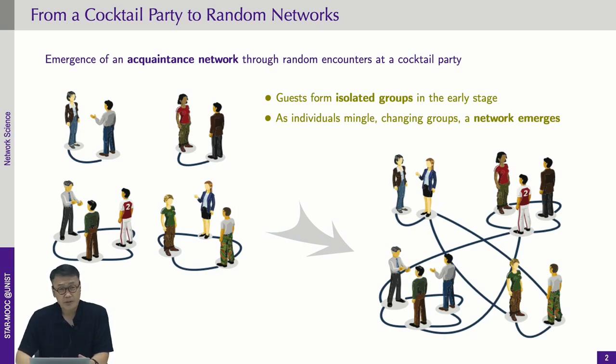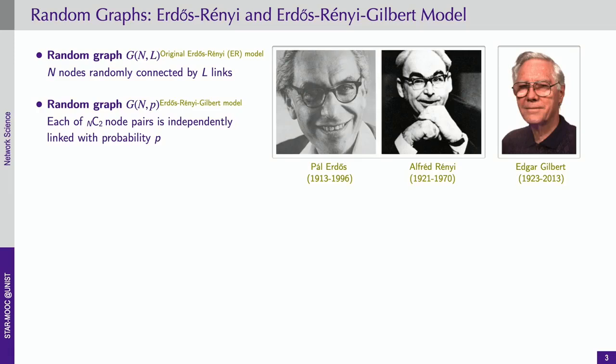Before we incorporate all the realistic details related to the dynamical processes of network formation, let's start with the simplest possible but non-trivial reference model to describe a snapshot of networks in general. When we talk about random networks, two slightly different models are used equally often. The G(n,L) model has a predefined number of vertices n and number of edges L, which is the original version of the Erdős-Rényi model.